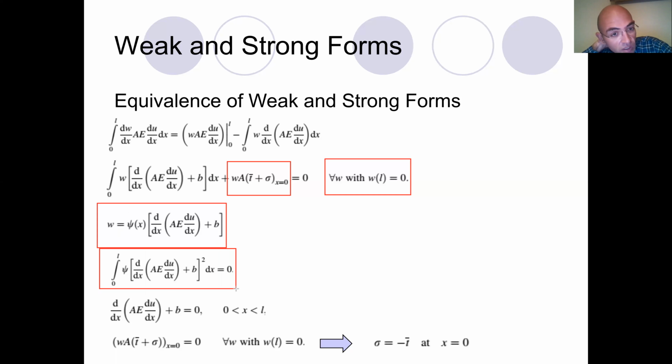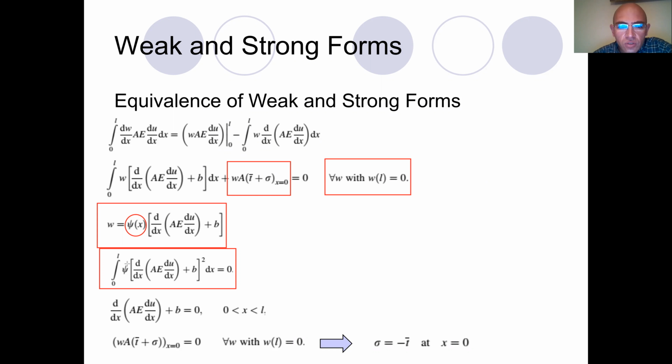Then I will arrive at this equation. Now here, phi is any function again, but the point with phi is that I choose it positive, because it is arbitrary and I can choose that it's positive.